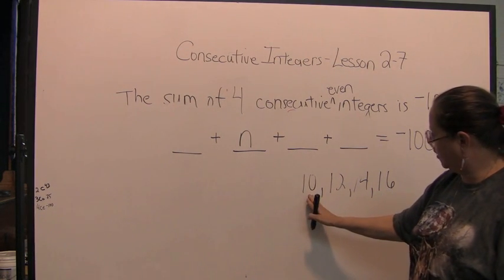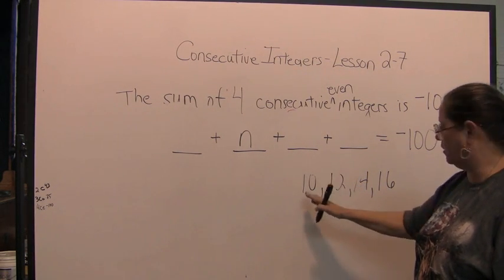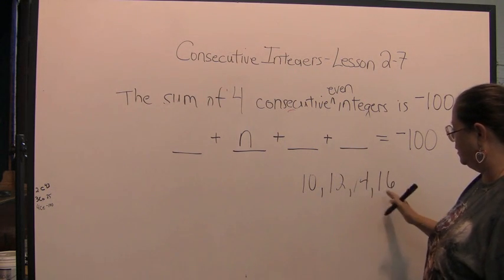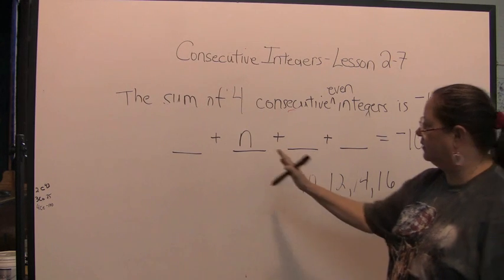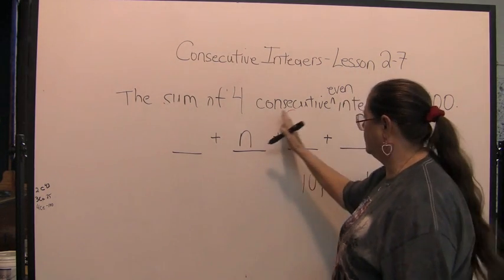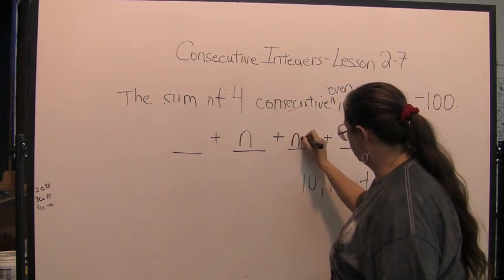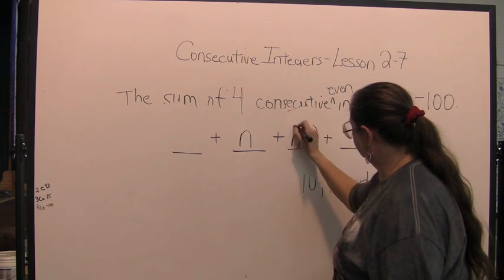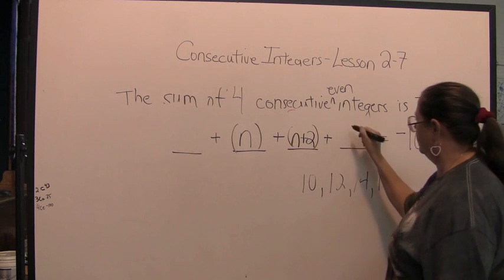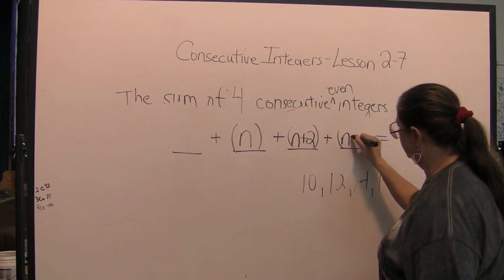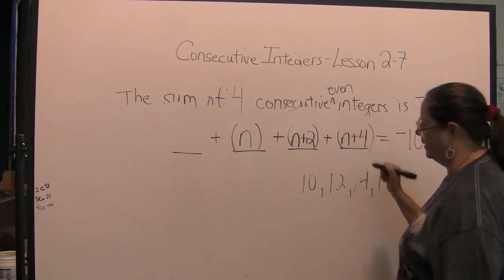So to get from one number to the next larger number, I add 2. To get to the next smallest number, I subtract 2. So to go from here to my next largest number, this is going to be n plus 2. And then to go from here to my next largest number, I'd add 2 to that. I get n plus 4.